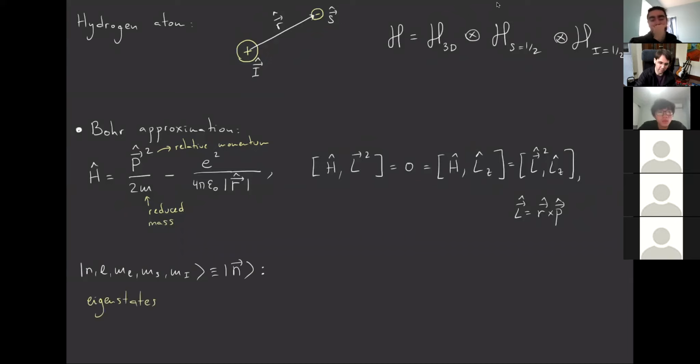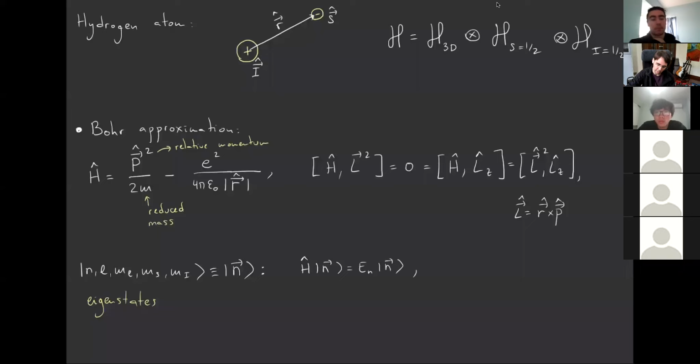The only important thing is that you remember that these are common eigenstates of all the commuting operators. In particular, when you apply the Hamiltonian to the eigenstate, you get an eigenenergy that depends on the first quantum number n.